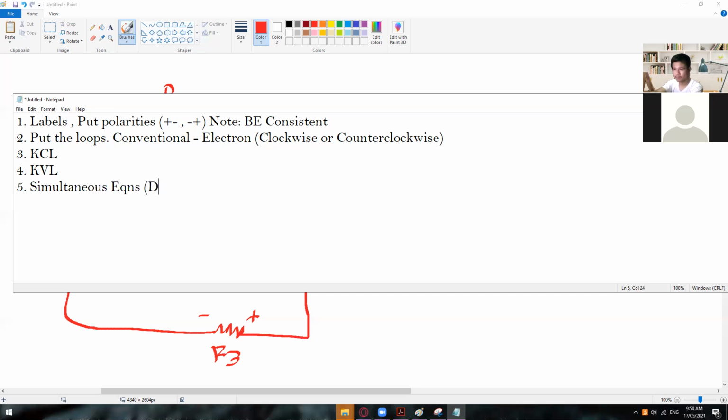You can do it manually or via calculator. Mostly the ones we are solving for, when it comes to KCL or KVL, are the individual currents.